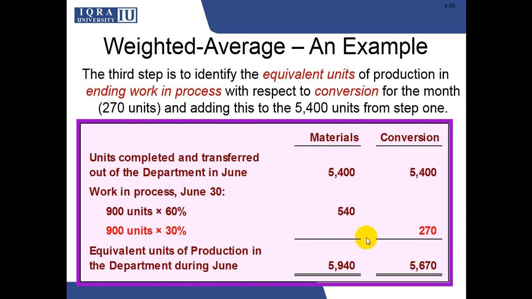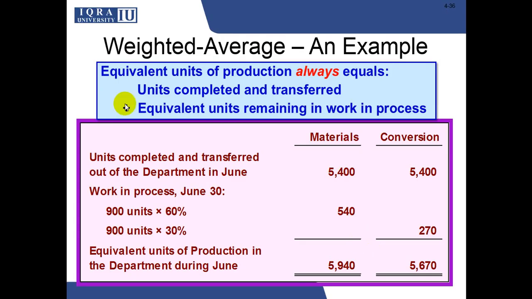Okay, now next is the weighted average example. Equivalent units of production always equal units completed and transferred plus equivalent units remaining in work in process.